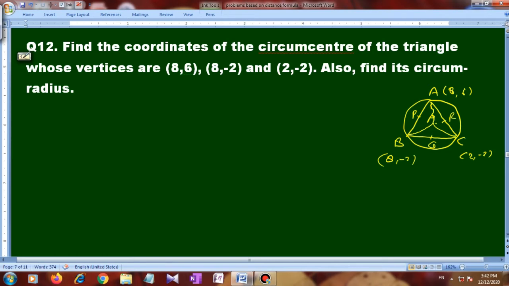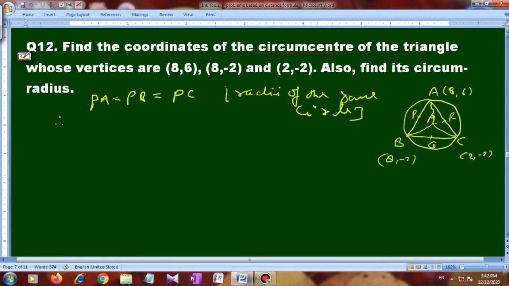Clear? So PA, PB and PC will be equal. PA equal to PB equal to PC. Why? Because these are radii of the same circle. Clear? So therefore PA square equals PB square.